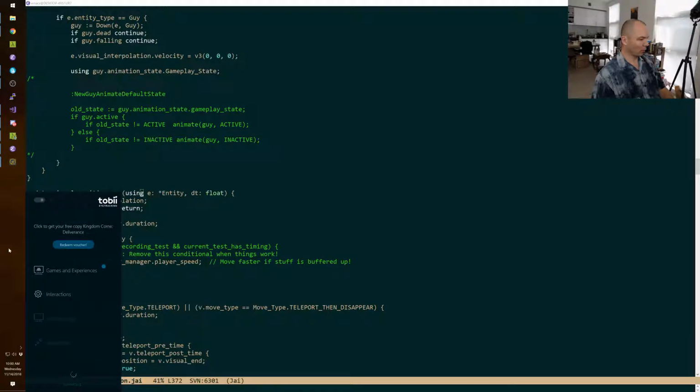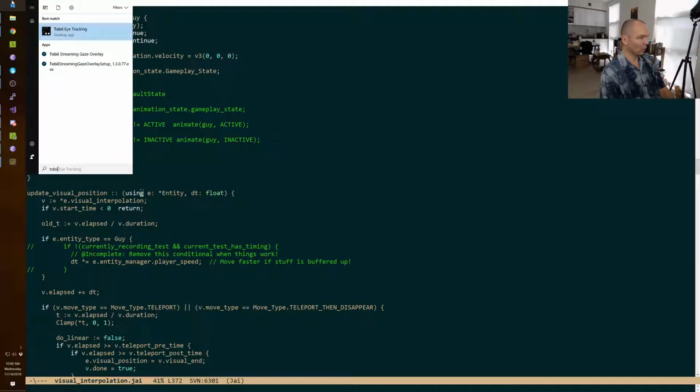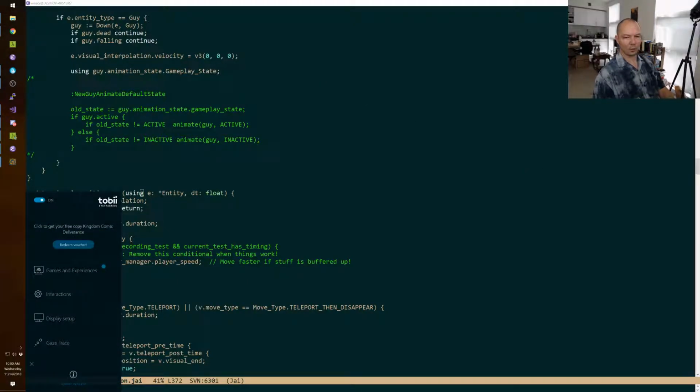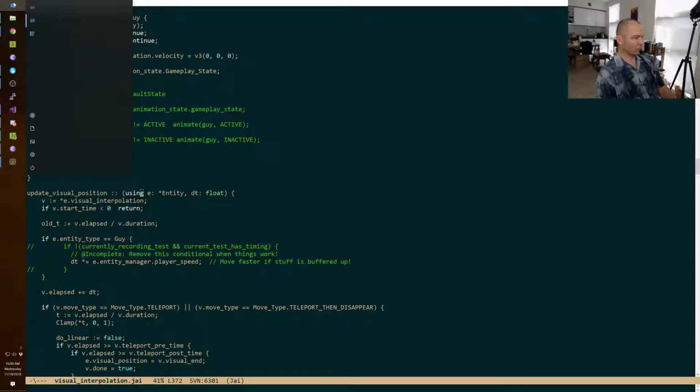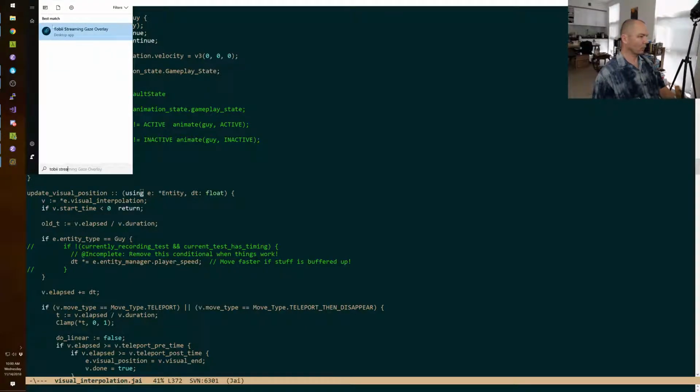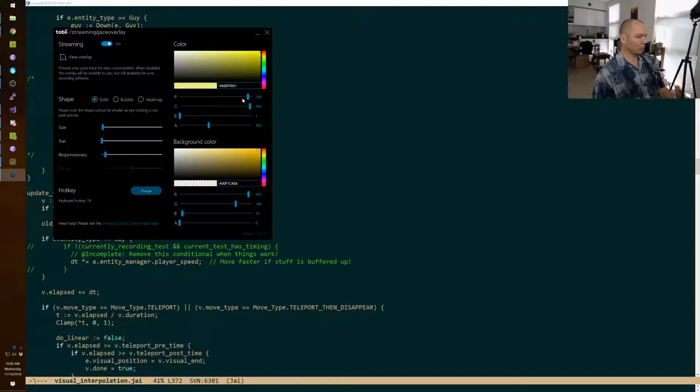Okay. Let's get the eye tracker going. I don't see it. I don't see anything. Eye tracker. Oh, wait.